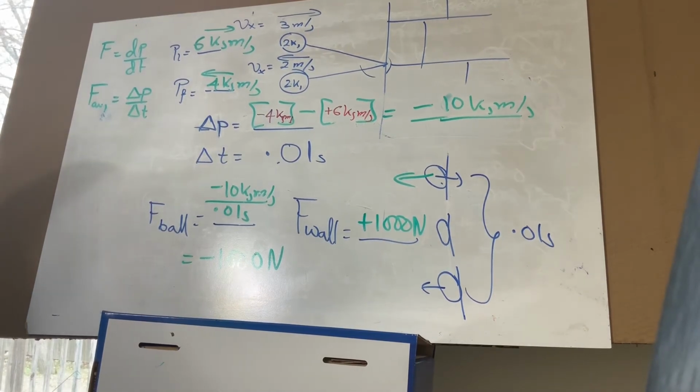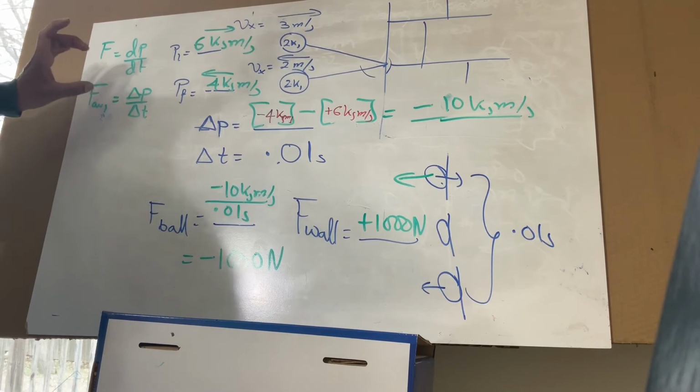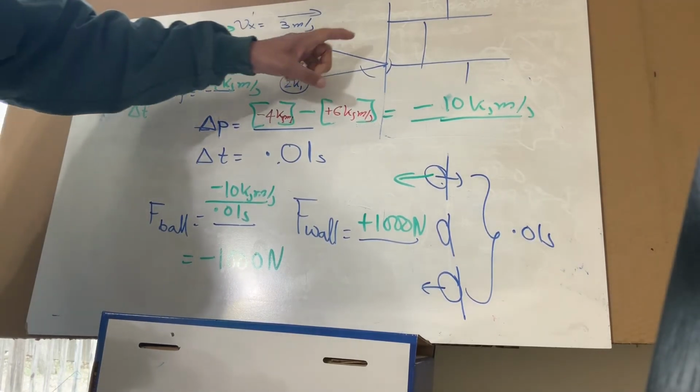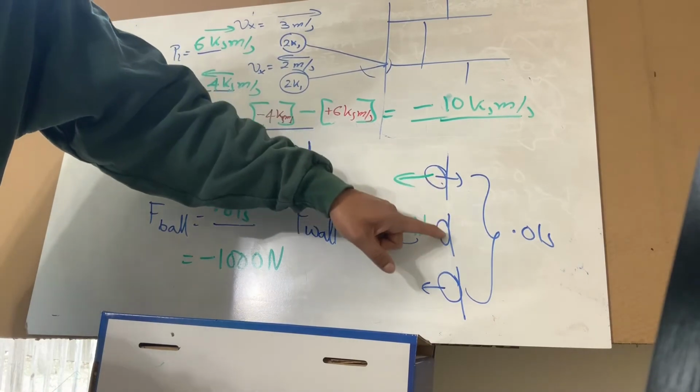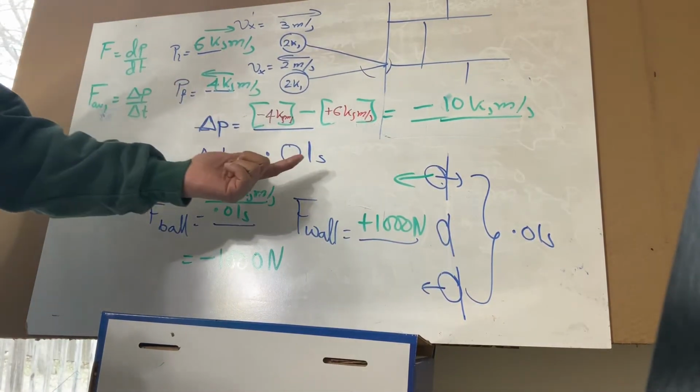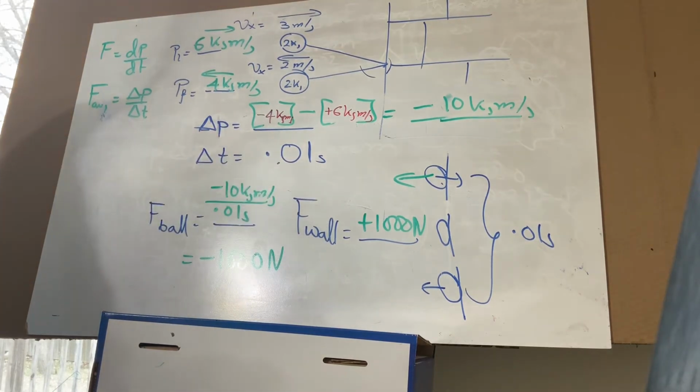Okay. So I can find the average force, even though I don't know the forces. The forces change here, right? The average force, if I know the time of impact, I can find the average force on the object. All right.